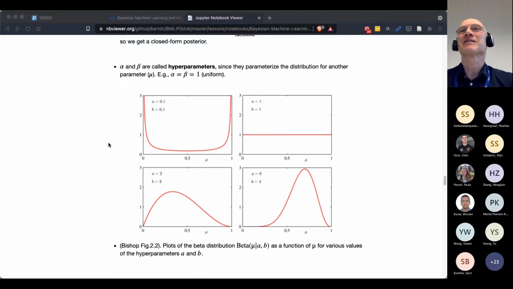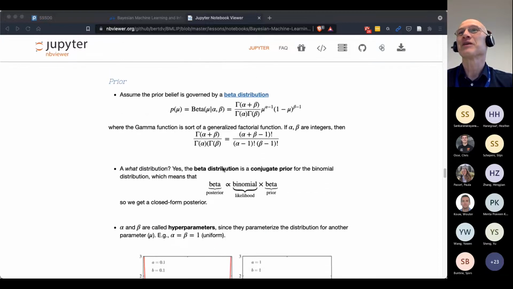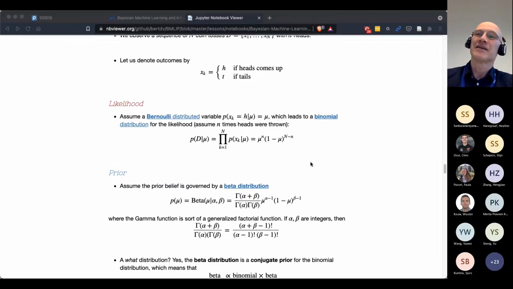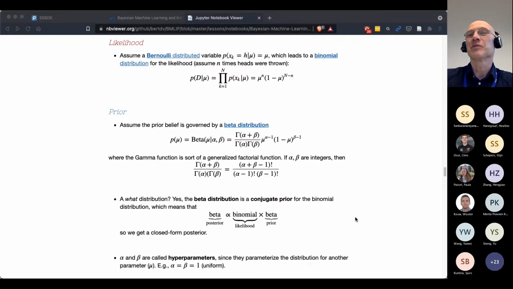And it turns out that for this particular model, if I choose the Bernoulli distribution as my data generating distribution, then the beta distribution is a very convenient one. The beta distribution is, in this case, a distribution over mu, the parameter of my model, not over the observed outcomes, the throws x.